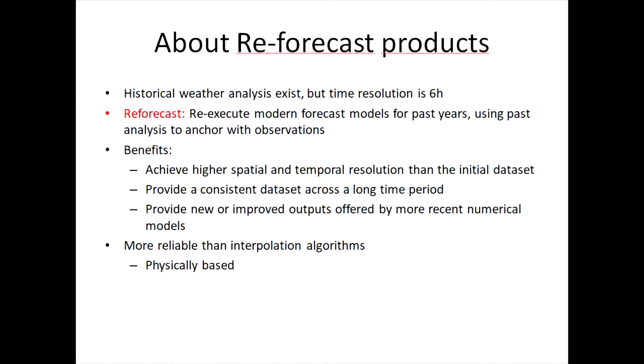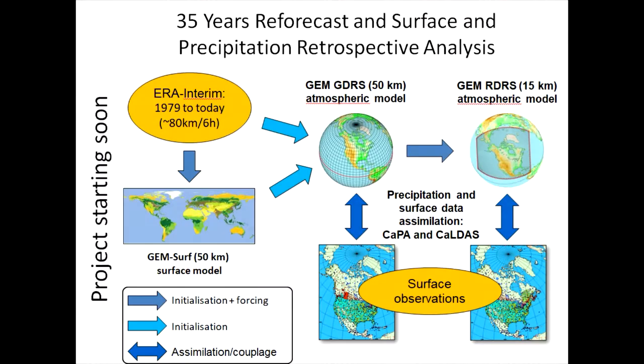And the forecast models will be able to provide a lot more detail, like temperature every 15 minutes, and higher spatial resolution, and also, interestingly, very coherent data. We're looking into producing this kind of reforecast. On the next slide, I'm illustrating a project that we're working on. The project is just starting, and the intent is to produce a coherent data set that will be valid across North America at 15-kilometer resolution.